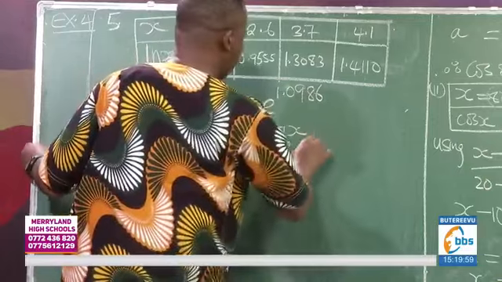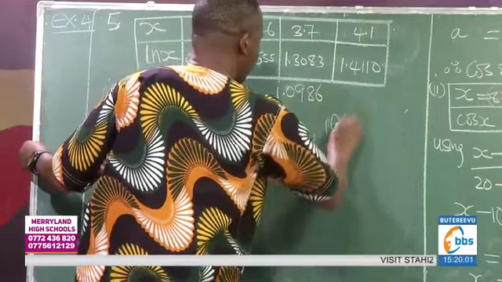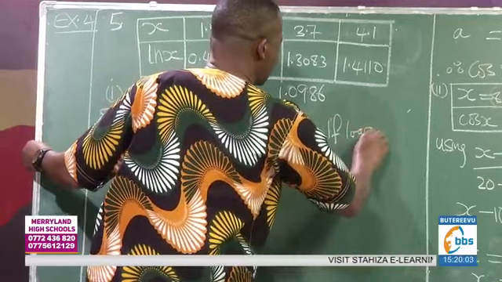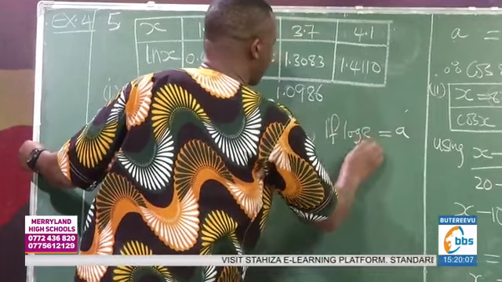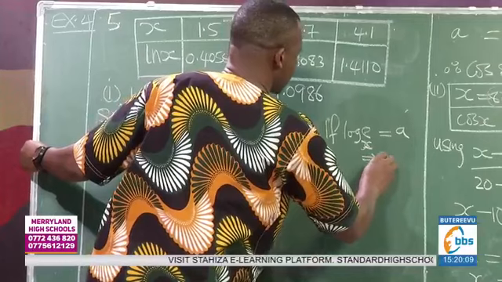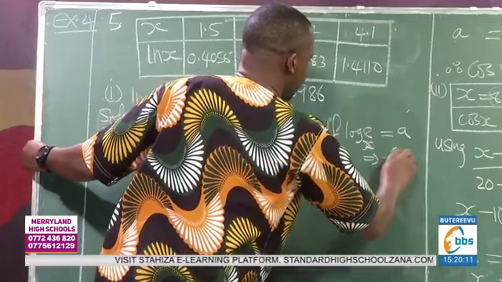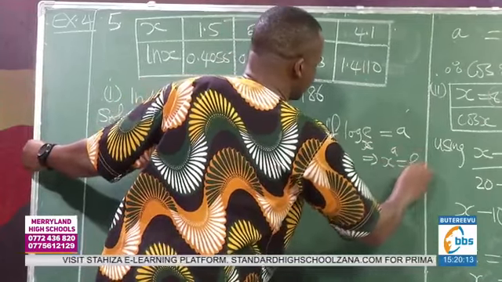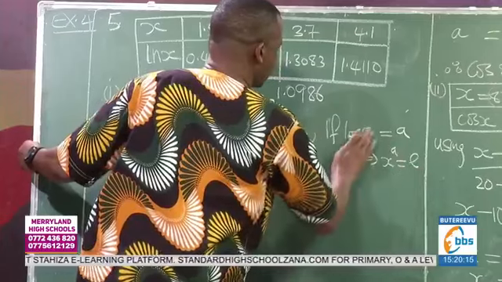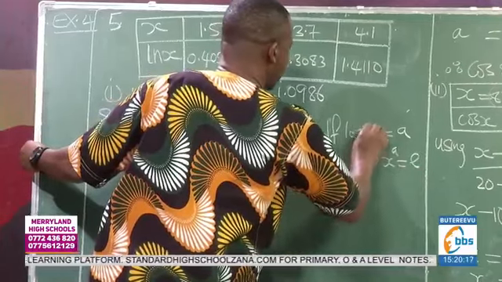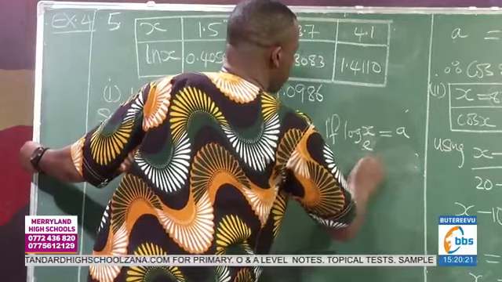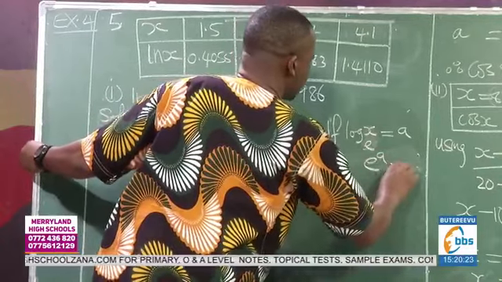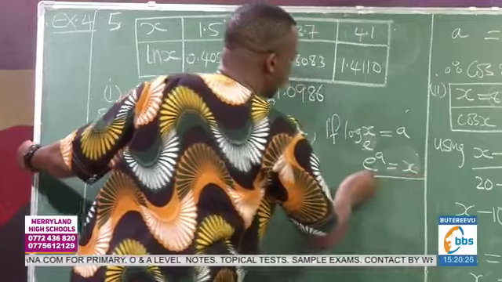And I can say that if I have log to the e of x equaling a, it implies that e to the a is equal to x.